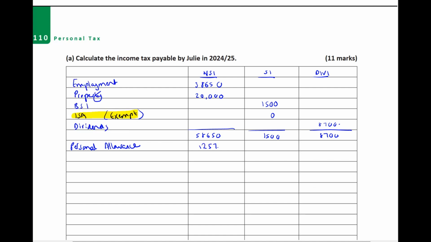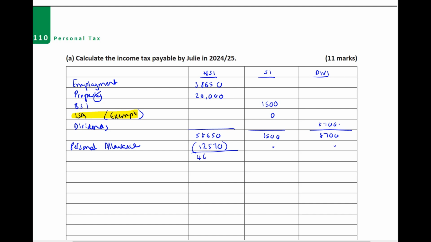And I would allocate that into my first column. So I knock it all off the non-savings income, as long as there's enough. If there isn't, so say the non-savings income was only 10,000, then I'd use 10,000 of it in that column, and the 2,570 would just carry over to the next column, and if that wasn't enough, it would carry over to the next.